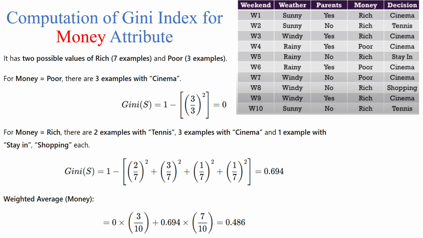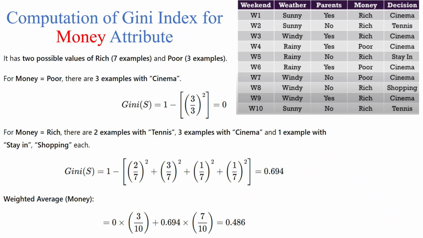Applying these probabilities in the Gini index formula: 1 minus 2 by 7 the whole square for tennis, 3 by 7 the whole square for cinema, then 1 by 7 the whole square for stay in and 1 by 7 the whole square for shopping. Calculating, we get the answer 0.694.